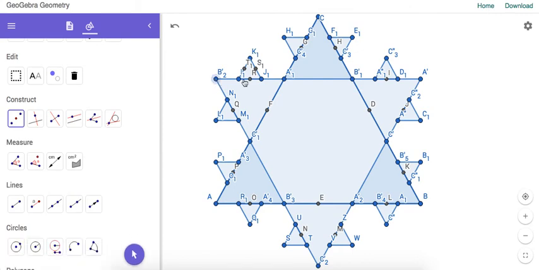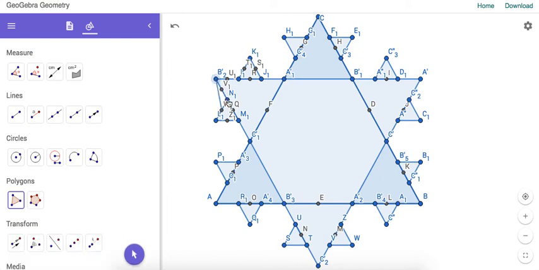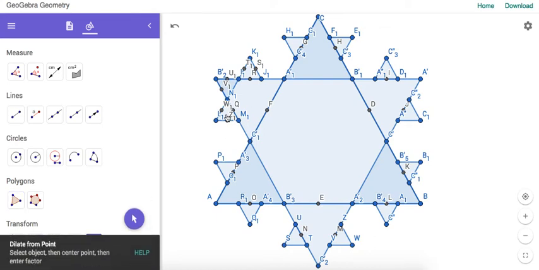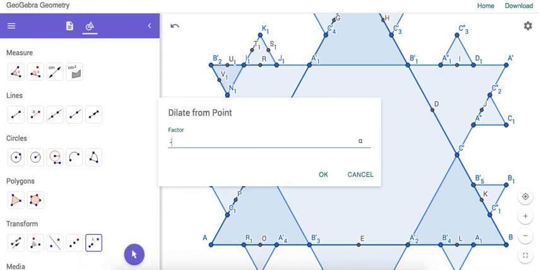Midpoint. And I'll make sure it knows that this is a triangle. And let's do our dilation. So the dilation of our triangle, if I can get that selected. Triangle about Z1.